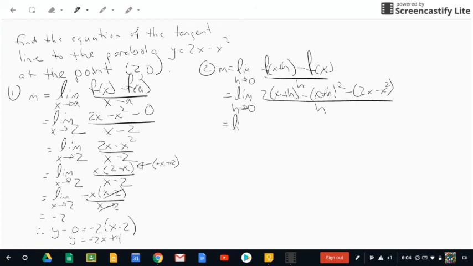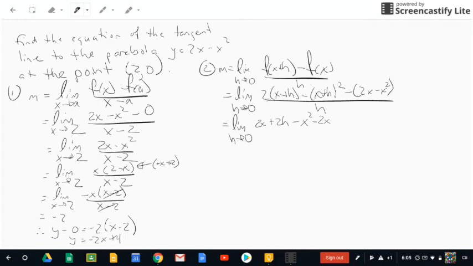Now, my next step here is going to be to expand that all out. First principles frequently does this. It's going to get a little bit messy up at the front here. So this is going to end up being 2x plus 2h when I distribute the 2 through, minus, now (x plus h) squared is going to be x squared plus 2xh plus h squared, but that negative in front distributes.